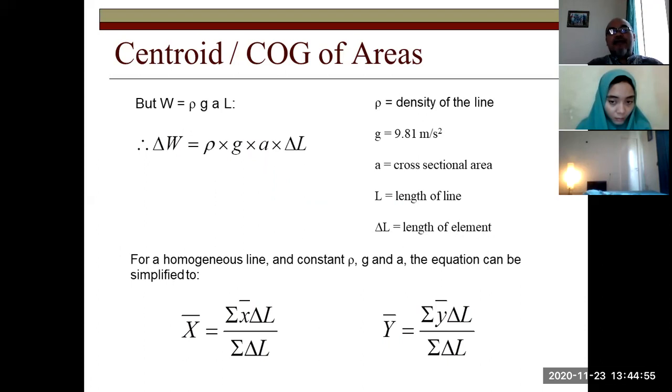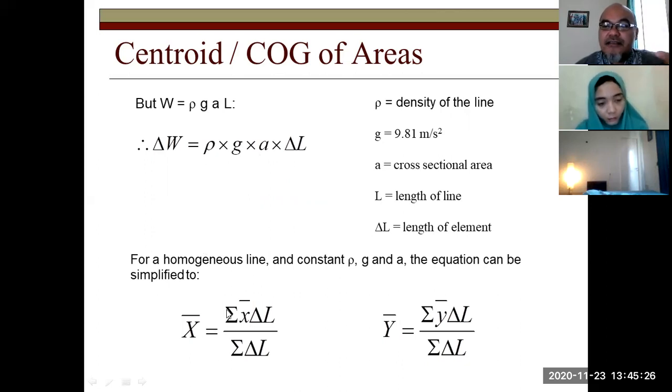Now in a line or rope, the weight is the density times the gravitational acceleration times the cross-sectional area times the length of the line, or delta L, the length of the element. So if the line is homogeneous, then rho, g, and A, the cross-sectional area, can go out of the sigma, the sum notation.